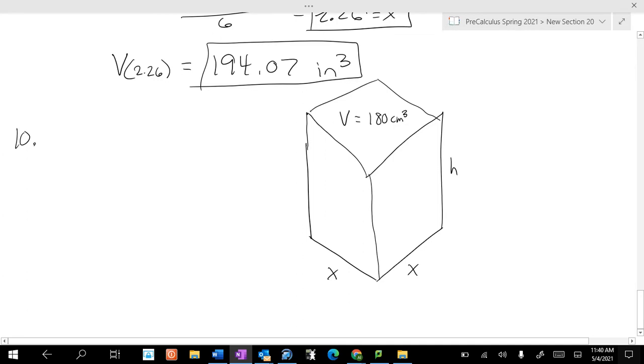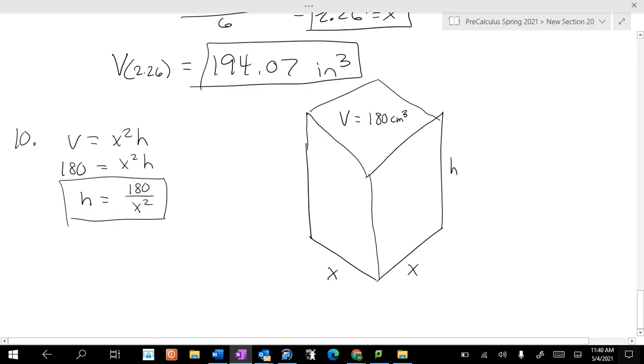Okay. Well, we know the volume equals x squared h, x times x times h. So 180 equals x squared h. So the height is equal to 180 over x squared if we divide both sides by x squared. So that's the height function. Okay, so let's find the surface area.